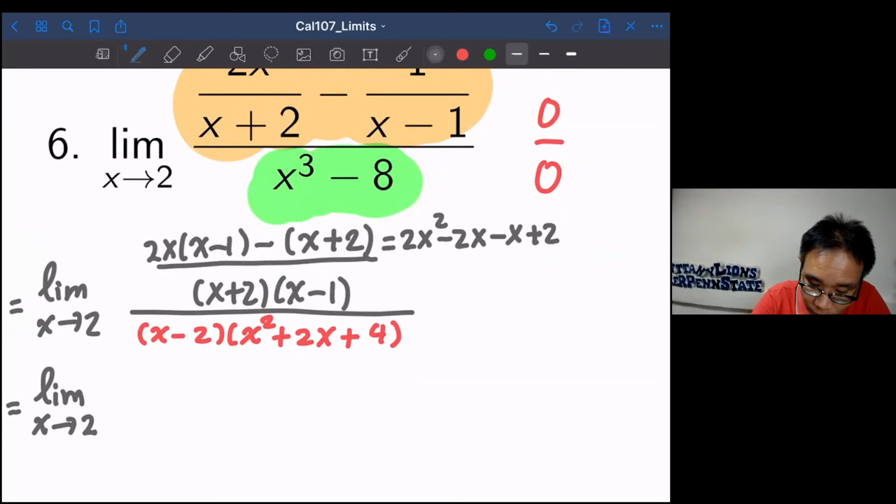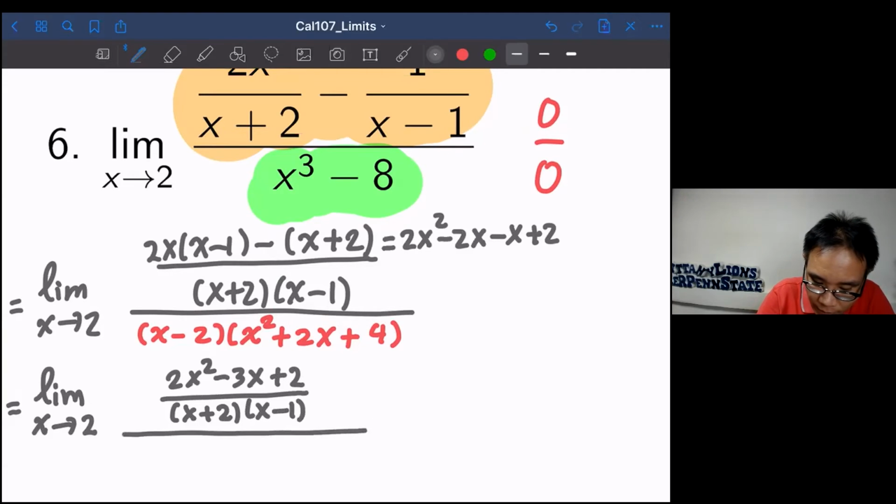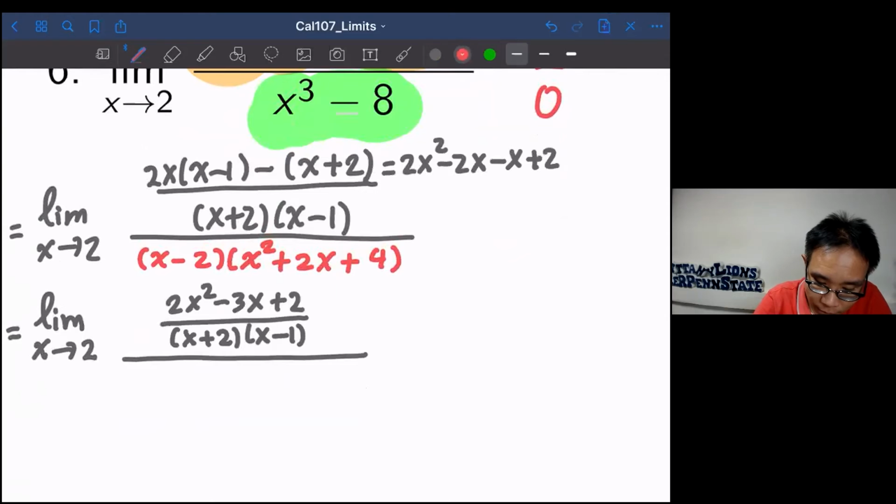So this will be 2x squared minus 3x plus 2 over x plus 2, x minus 1. That's my denominator, and the numerator I may just copy down: x minus 2, x squared plus 2x plus 4.